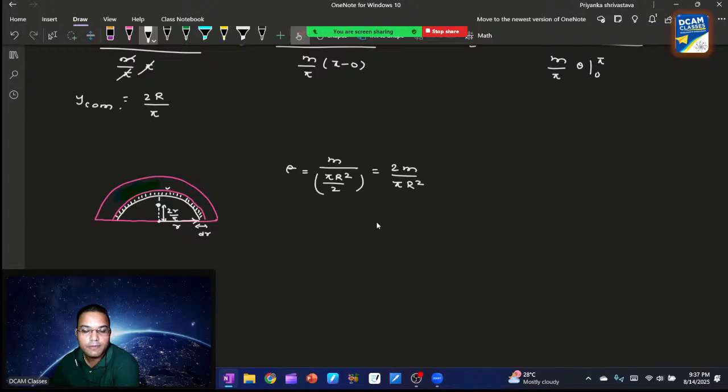The mass of this ring, dm, will be rho into pi small r into dr. That is 2M by pi R square into pi small r into dr, which is 2M r by capital R square into dr. This is the mass dm.